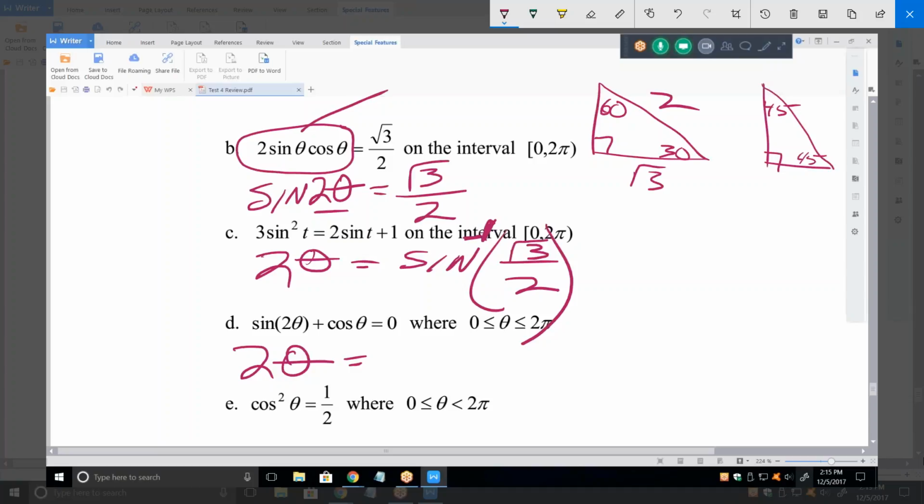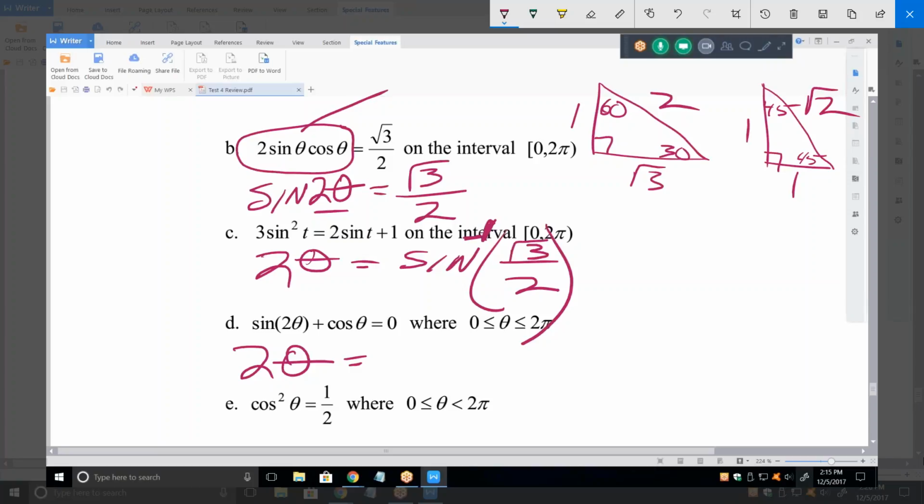So 1 is the other side. 1 is always opposite the smallest angle. Okay, so this is 1, 1, square root of 2. These 2 triangles, if you can memorize what you're looking at right there, that will take you so far it's unbelievable. Because now you know which angle is 2 theta.